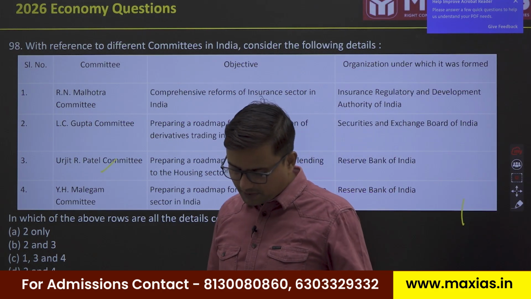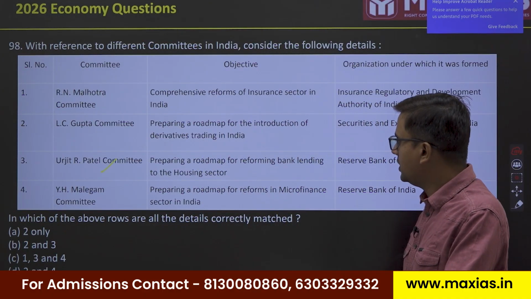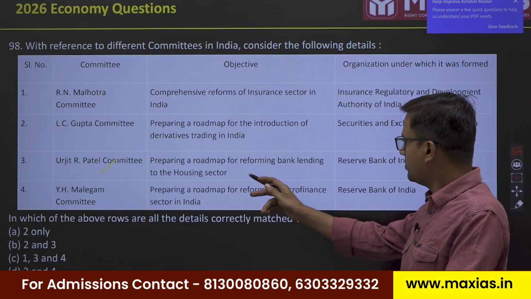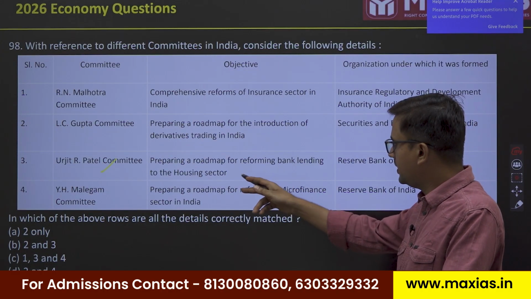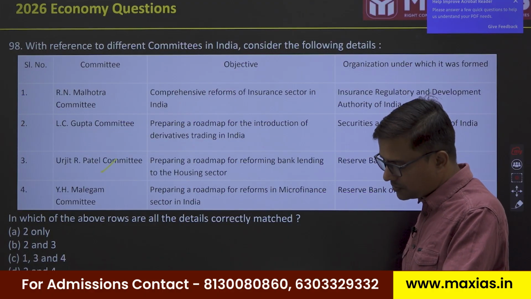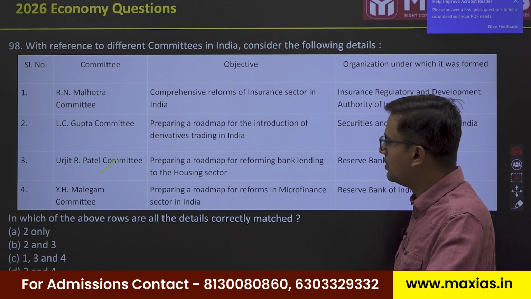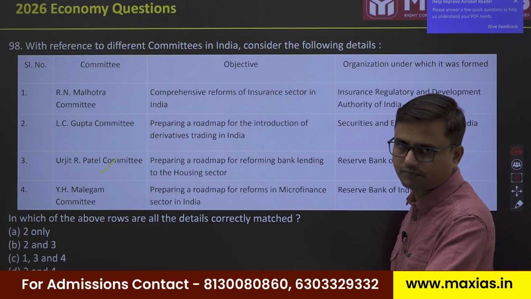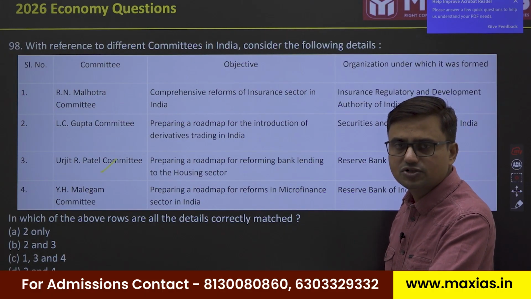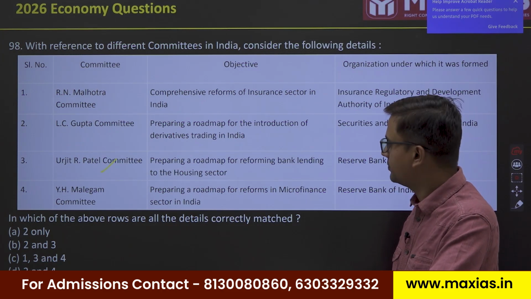Now next is the Urjit Patel committee. We can decode this. Preparing a roadmap for reforming bank lending to the housing sector? It was basically set up to strengthen the monetary policy framework.